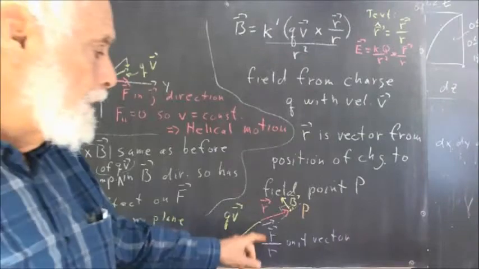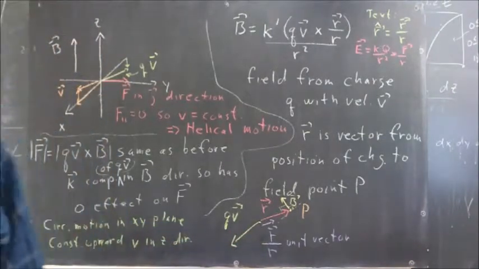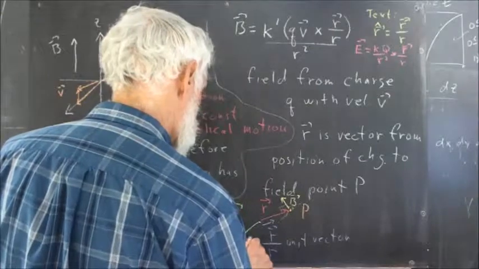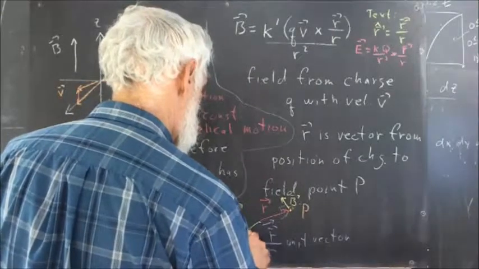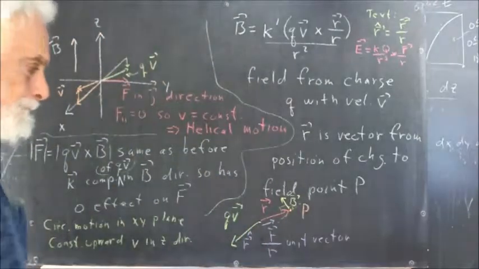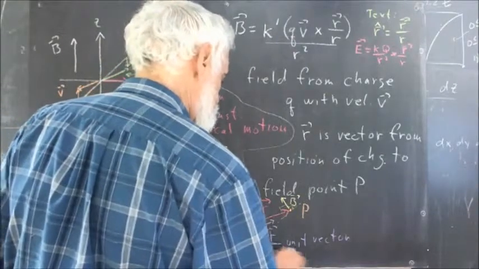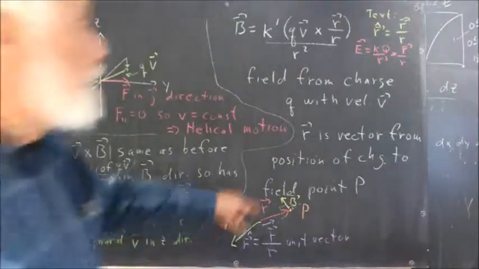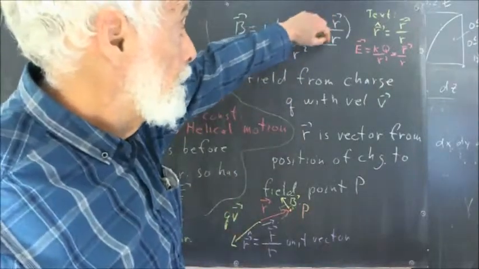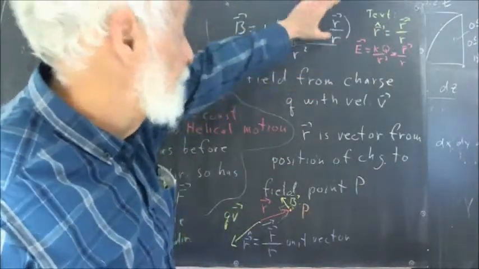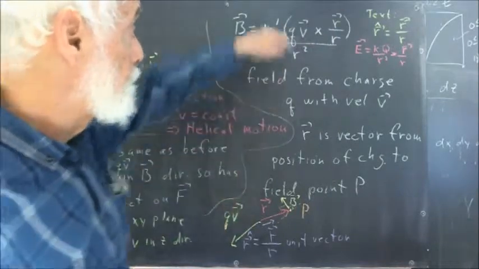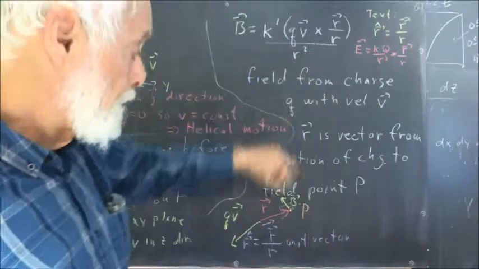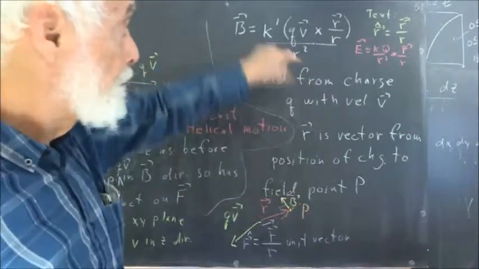And then R divided by R, if you want, R hat is the unit vector in the direction of R, so that the R over R, or if you prefer R hat, goes here, QV vector here, and the magnitude of R is squared here. In other words, the distance here is squared.